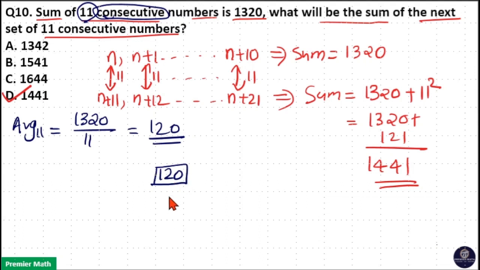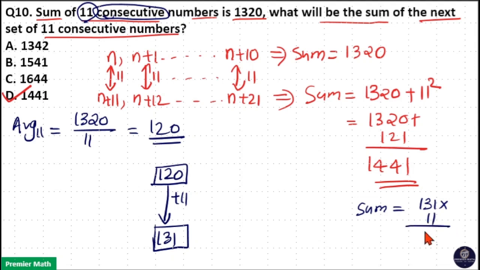Now 120 is the middle number in the first series, means 120 plus 11, 131 is the middle number of the second set of 11 numbers. Now average is 131, means sum is equal to average into total numbers, 131 into 11, which is equal to 1441.